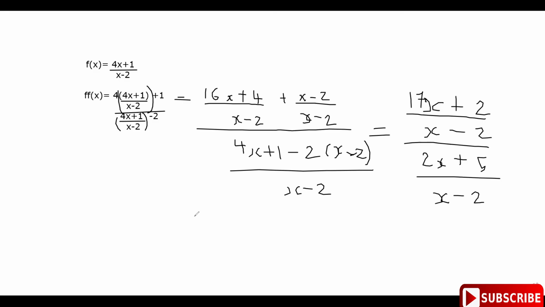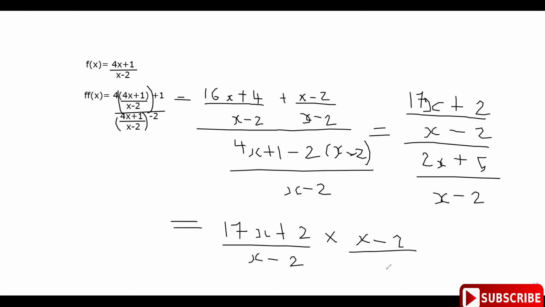But when you're doing division like this, this can be written as 17x plus 2 over x minus 2. Then it is actually being multiplied by the reciprocal, x minus 2 over 2x plus 5.